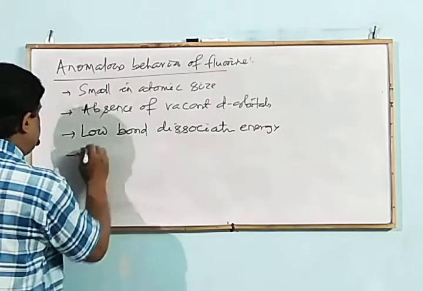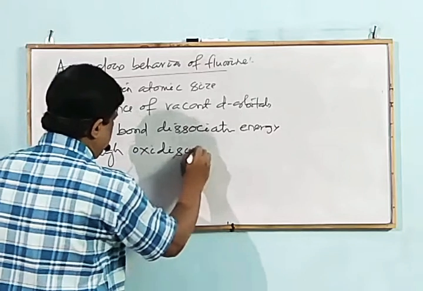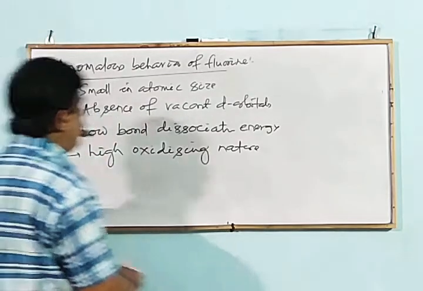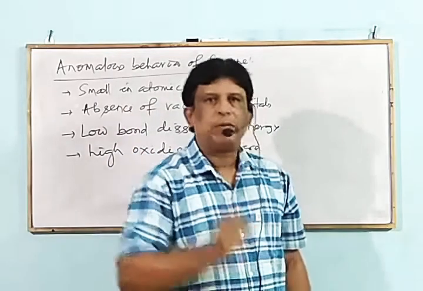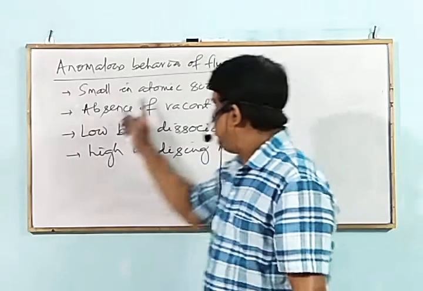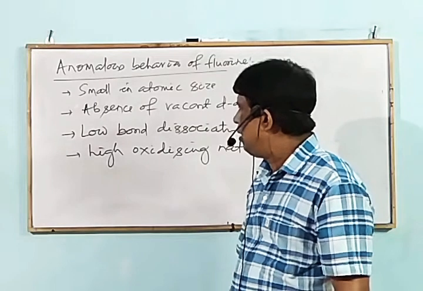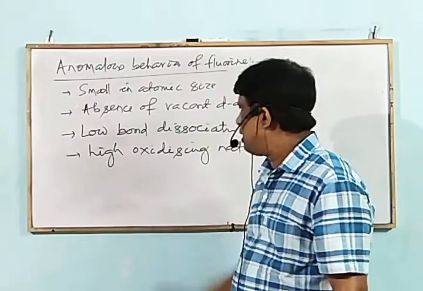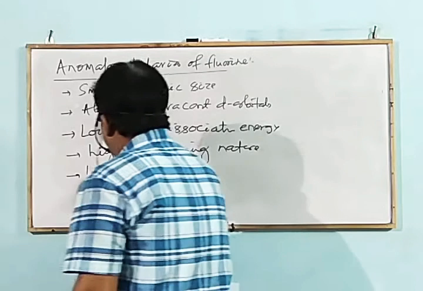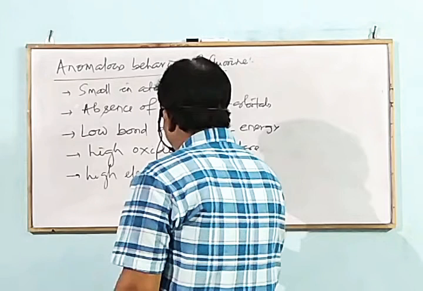And the last one, high oxidizing nature. Due to these points, fluorine behaves differently from other members of this family. Mark that. Due to small atomic size, absence of vacant d orbital, low bond dissociation energy, high oxidizing nature, and high electronegativity.